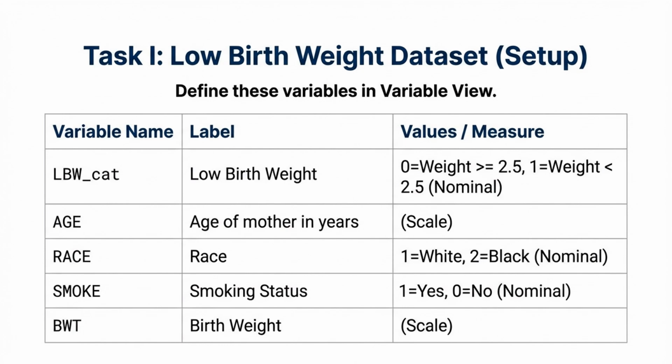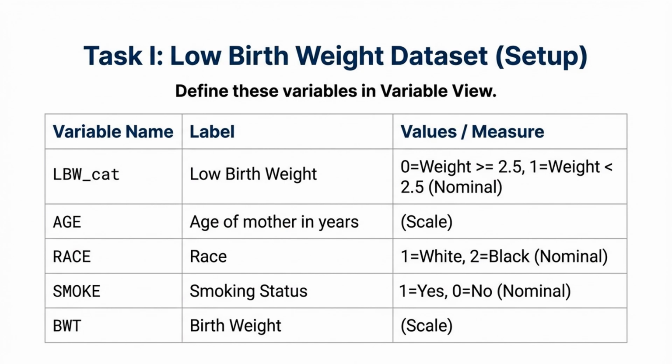Task 1, low birth weight dataset setup. Define these variables in variable view. LBW underscore cat, low birth weight categories: 0 is weight greater than or equal to 2.5 and 1 is weight less than 2.5, nominal variable type.